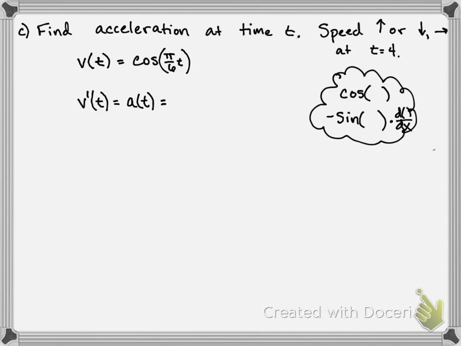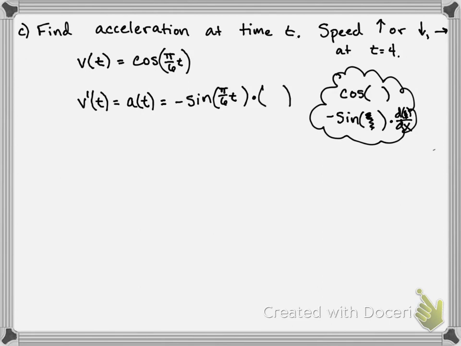So that's kind of what I'm thinking about when I do this. I've got negative sine of my blob of stuff in here times the derivative of my blob of stuff. So this derivative is negative sine of my blob, pi over 6 times t, times the derivative of the inside.